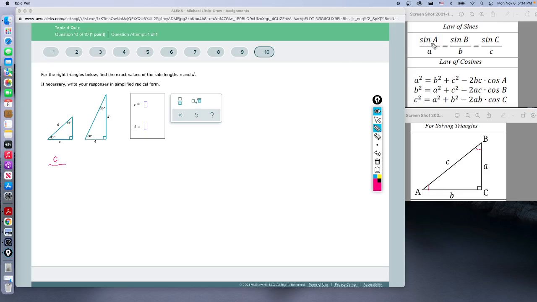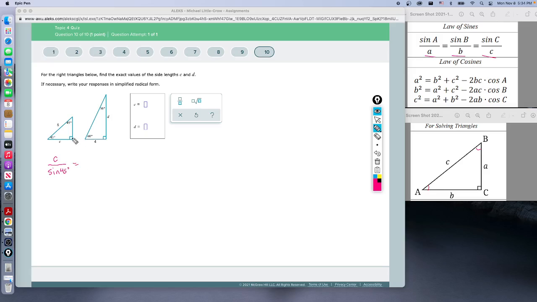Now sine could be in the top or in the bottom. That's just the way these ratios work, because if these ratios are equal to each other, then their reciprocals are also going to be equal to each other. So I'm going to start off with the reciprocal. I'm going to put side c, and I'm going to divide it by the sine of 45 degrees.